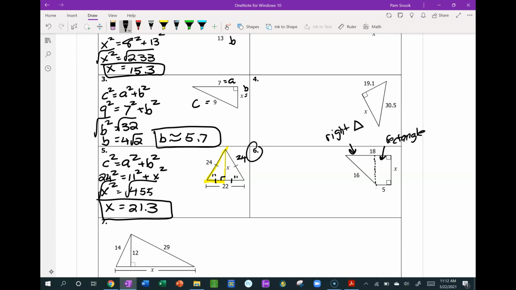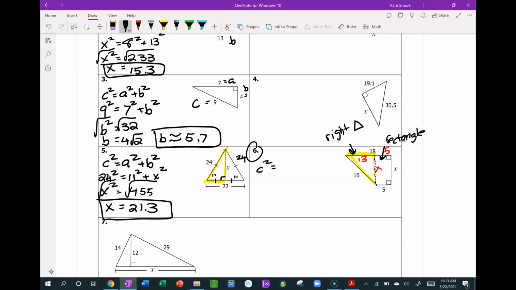Because I know this piece is a rectangle, I can then say that this longer side of the trapezoid is split into two pieces. Over here, this is 5, and then 18 minus 5 is 13, and this is the same as the X I'm looking for. So now I've made myself a right triangle over here, where 13 and X are the legs, and 16 is the hypotenuse.